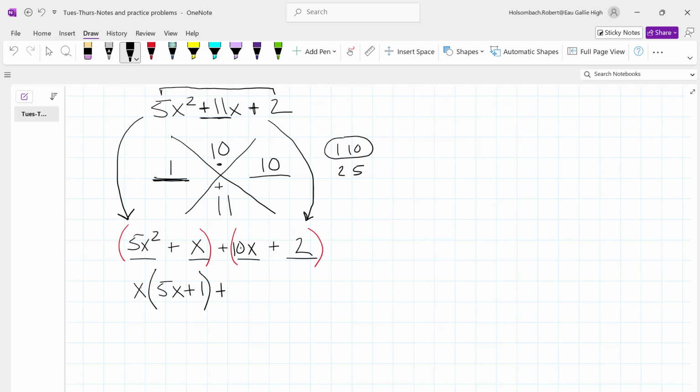The GCF of 10x and 2 is just going to be 2. Dividing the 2 into the 10x, we get 5x. The 2 into 2 goes one time. And now we've got our two binomial factors. The x plus 2 is one factor, and the second factor is 5x plus 1.